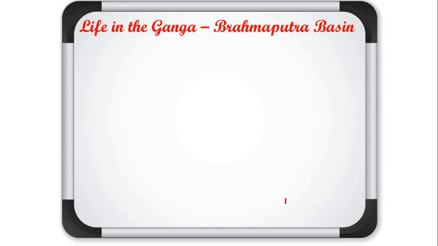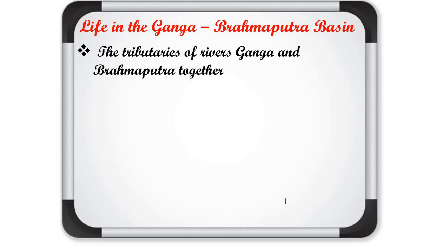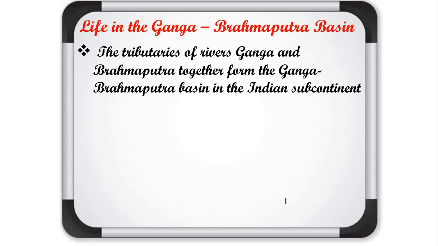So in today's lecture we are going to study the area which is drained by these two rivers, Ganga and Brahmaputra. The tributaries of the rivers Ganga and Brahmaputra together form the Ganga and Brahmaputra basin in the Indian subcontinent.